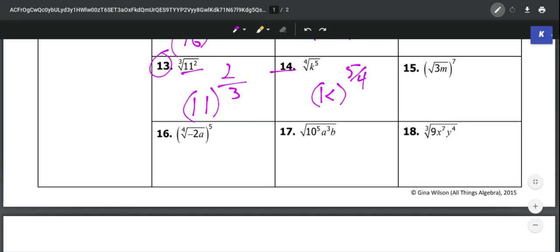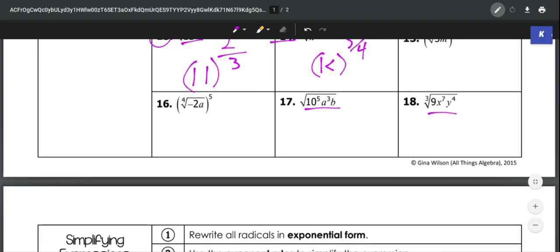Now, don't get confused on problems like 17 and 18. Since there's multiple different variables under the radical, all we do is take all of that out and rewrite it. I'll do number 18 because it'll look a lot more clear.